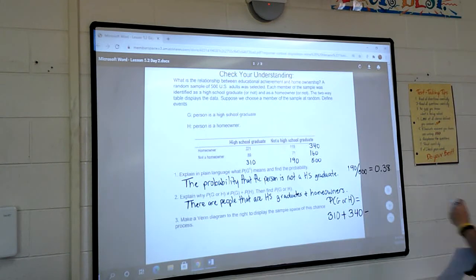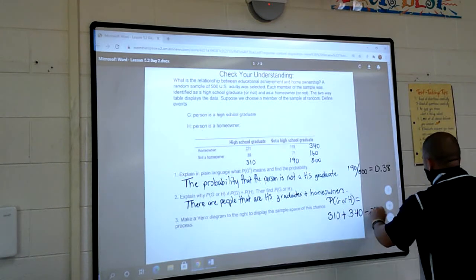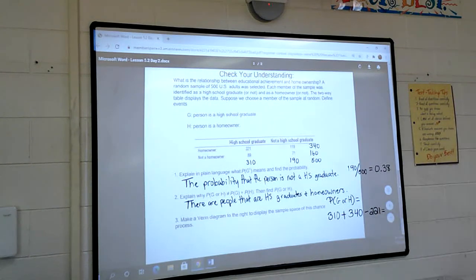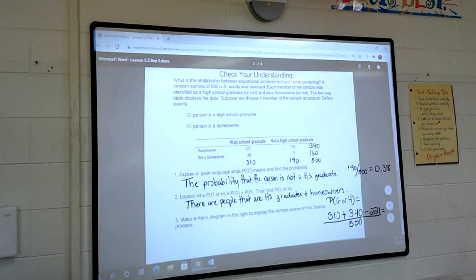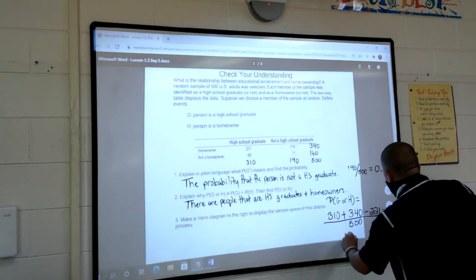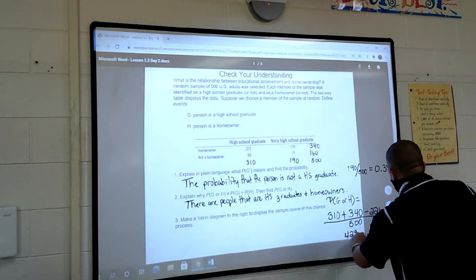That is 221. Okay? So 310 plus 340 minus 221, and all that's going to be divided by 500, right? Because that's our total number of people. So 310 plus 340 minus 221 gives us 429 out of 500. And then we want to get that decimal.